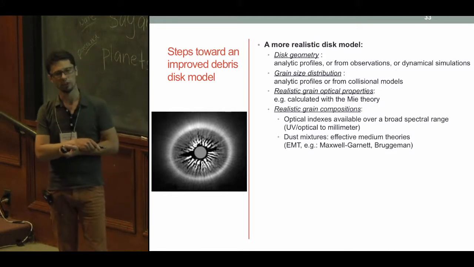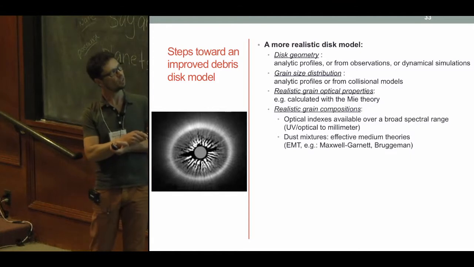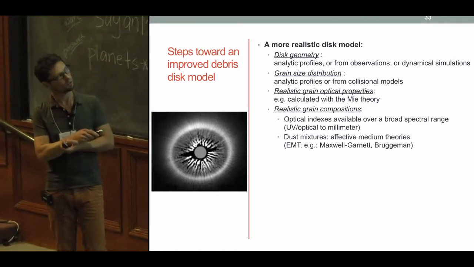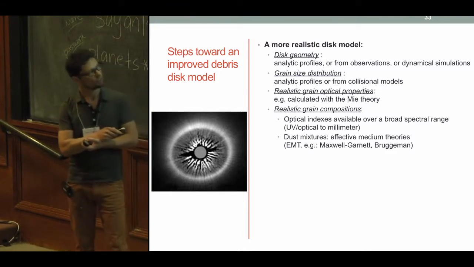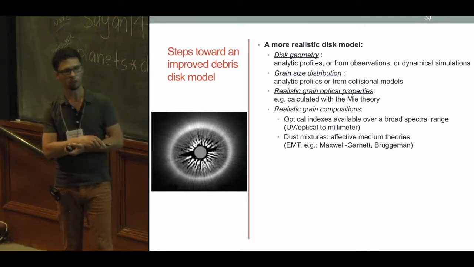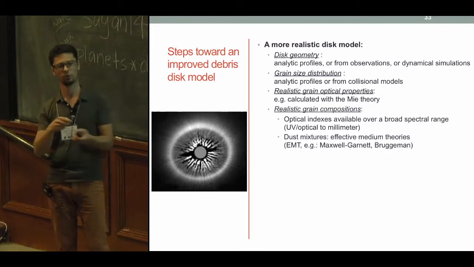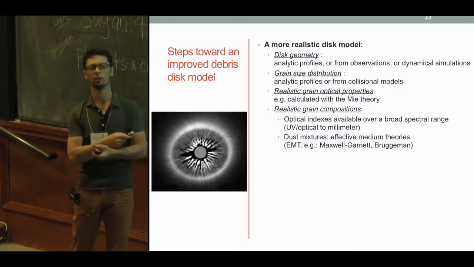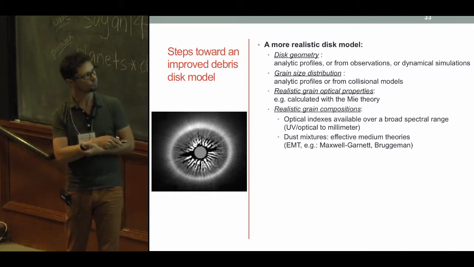And if you want to consider mixtures of different materials, then you need to find a way to do that. An easy way is to use an effective medium theory, EMT. These are the two most famous effective medium theories, Maxwell-Garnett and Bruggeman, that mix the optical properties of different materials to produce an equivalent optical index for your mixture, and you plug this equivalent optical index into your Mie theory to calculate the optical properties.